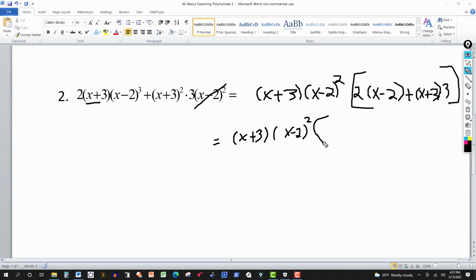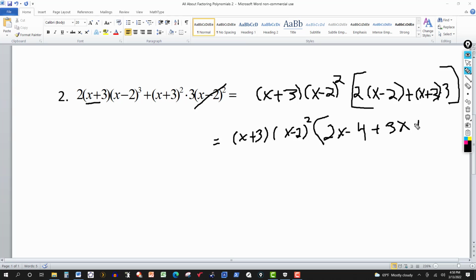And then I'll put parentheses now since we're getting down to the end here. So this is going to give me a 2x multiplied by 2. 2 times x minus 2 is 2x minus 4, plus, this one I multiplied by 3, so that'll give me a 3x. Then 3 times 3 is 9.